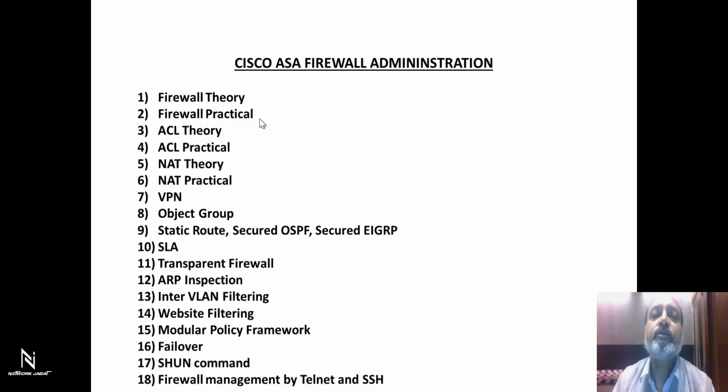So for that reason, Cisco ASA Firewall is an excellent product if we really want to master firewalls, because nowadays security is a very, very important thing, and security jobs are very lucrative ones also.